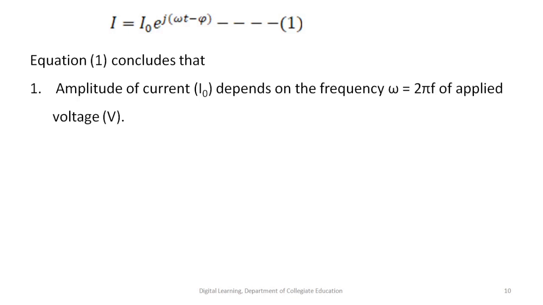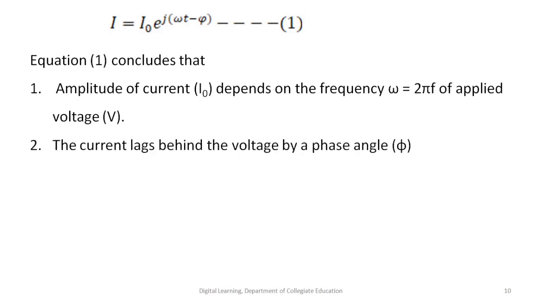Here the peak value of current, I naught, depends on the frequency of the applied voltage. Since it is AC, we can change the frequencies. So the maximum value of current depends on the frequency of the voltage applied.